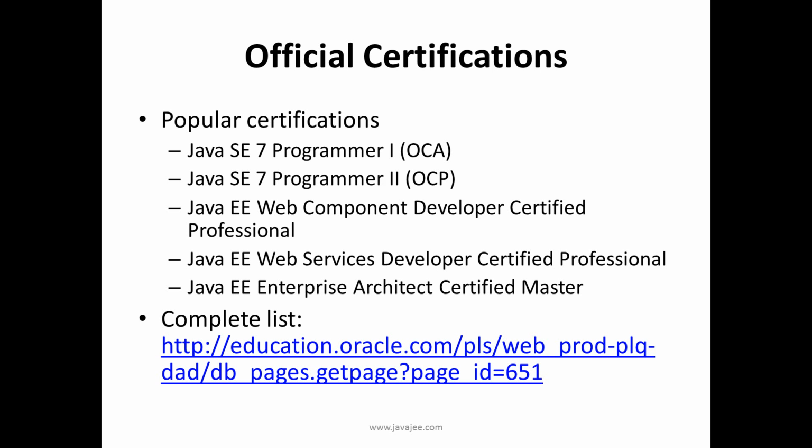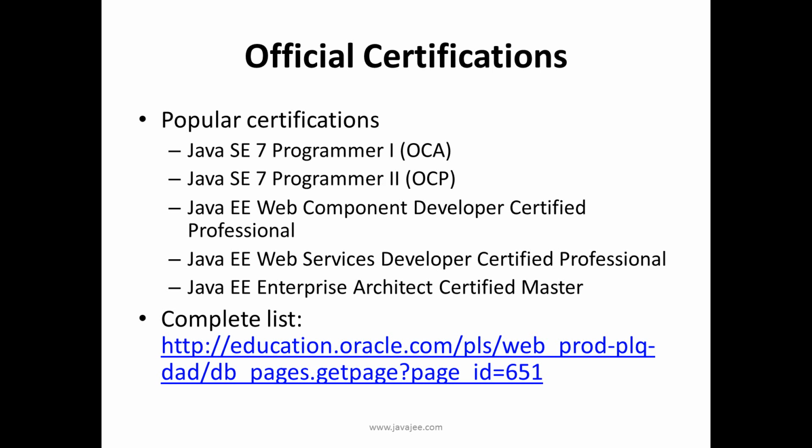Java EE Web Services Development Certified Professional concentrates on web service development using SOAP and REST web services, basically making use of JAX-WS and JAX-RS. Java EE Enterprise Architect Certified Master Exam is for architects.